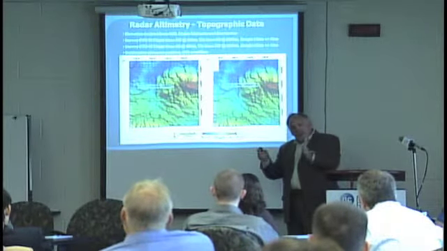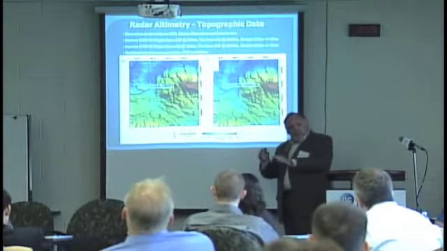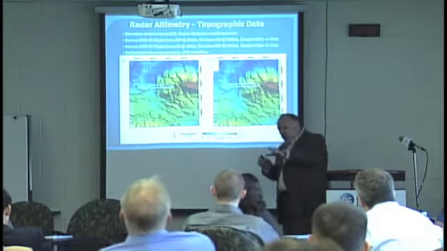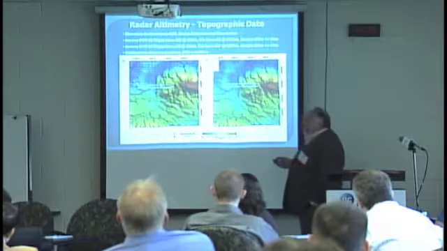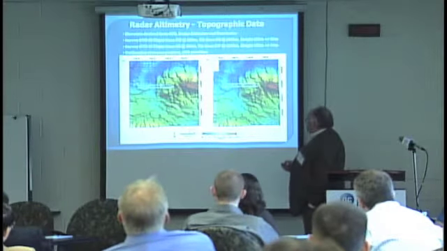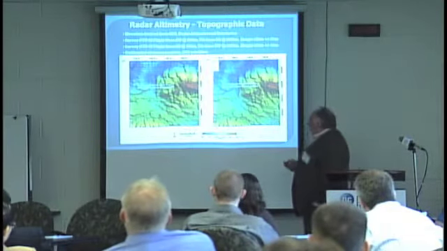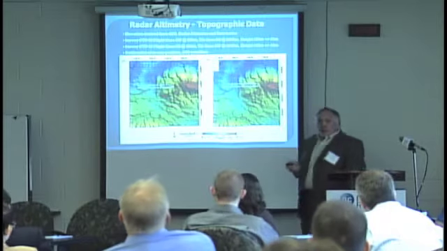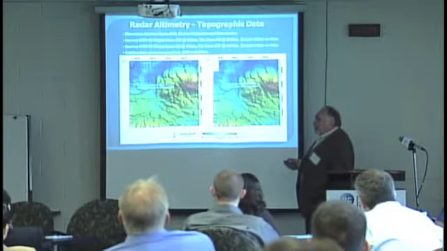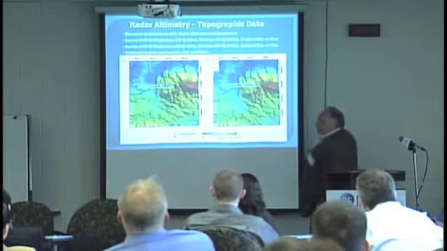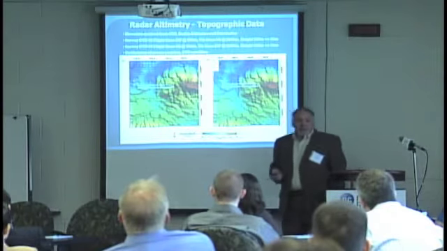We want grids because it's easier to work with grids. Give me a nice square block to work with. What you're actually seeing is the effect of the different sampling spacing and also the different quality of the GPS. The 1992 data clearly isn't anywhere near as good as the 1997 data.